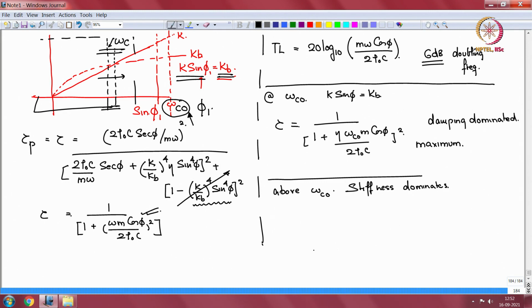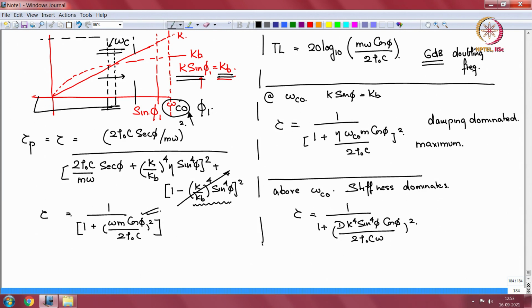We get tau given by 1 over 1 plus d k fourth sine fourth phi into cos phi divided by twice rho 0 c omega, this whole squared.